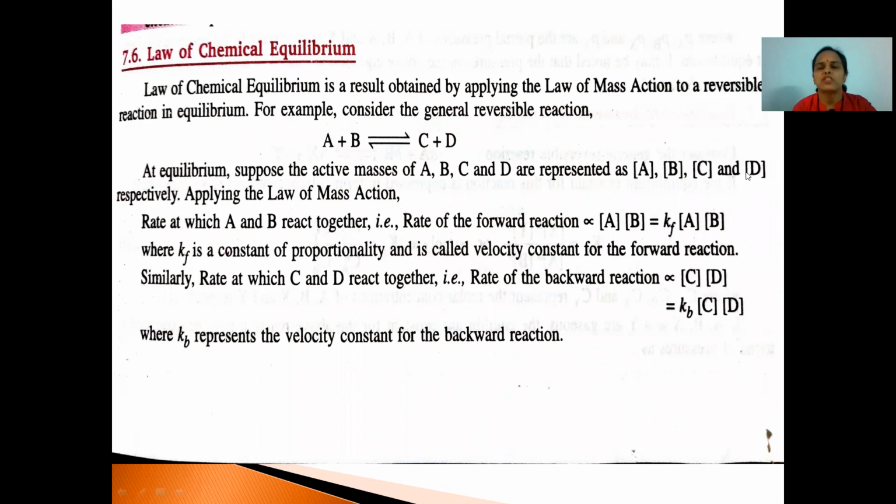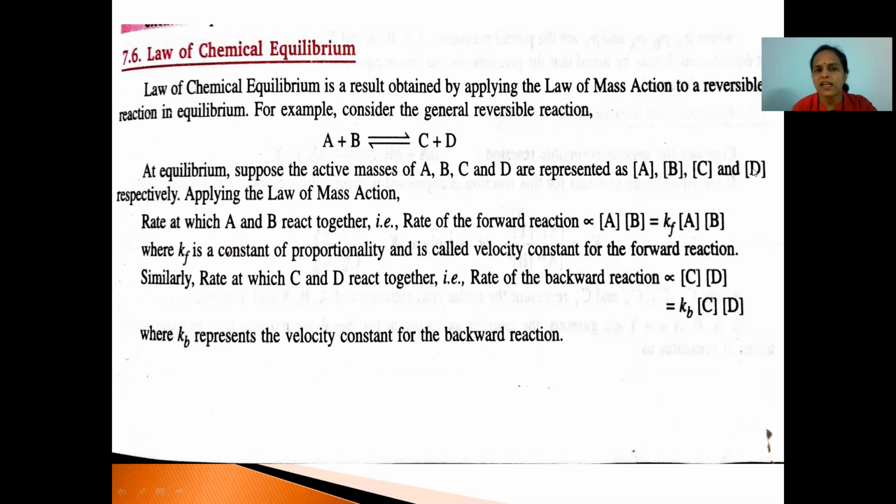At equilibrium, suppose the active masses of A, B, C, and D are represented as [A], [B], [C], [D], all in big brackets respectively.